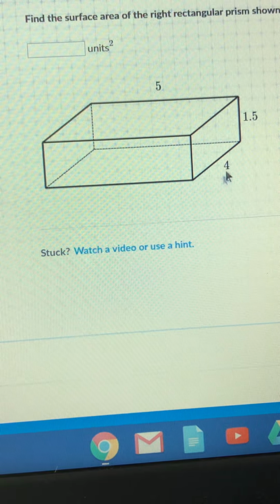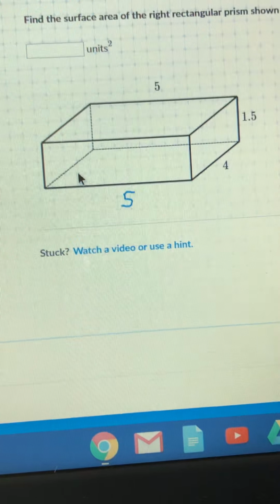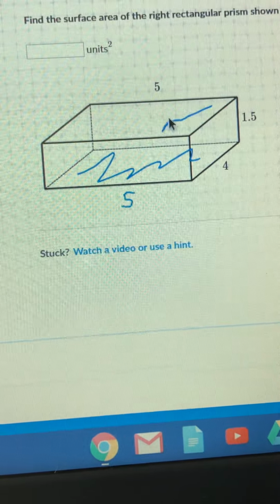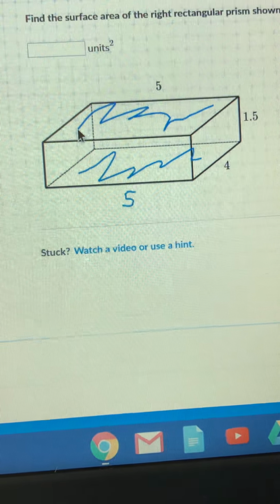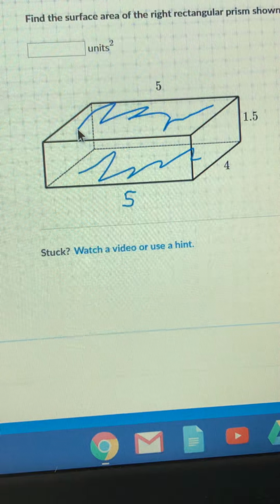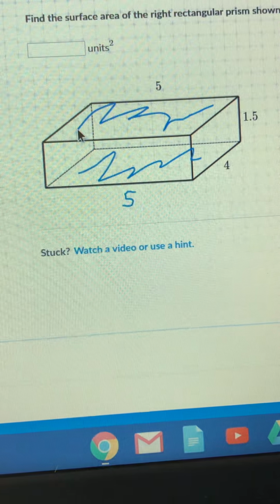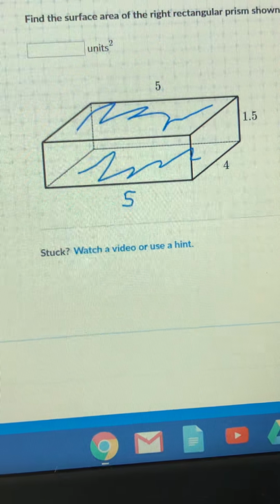So this base right here, and the top base, those are each 5 by 4. So we have two rectangles that are 5 by 4, which means we have two 20s to add together, so that's 20 plus 20.